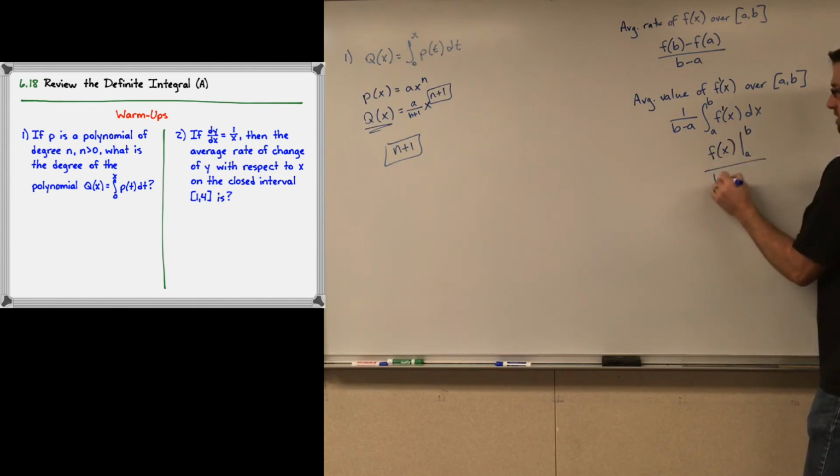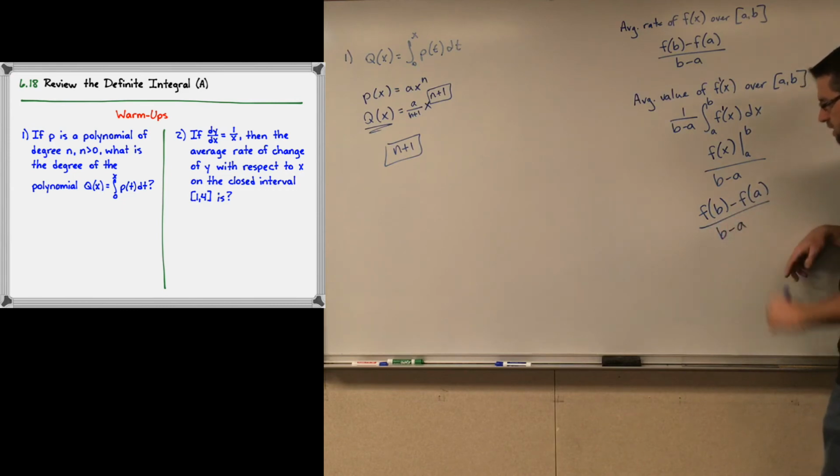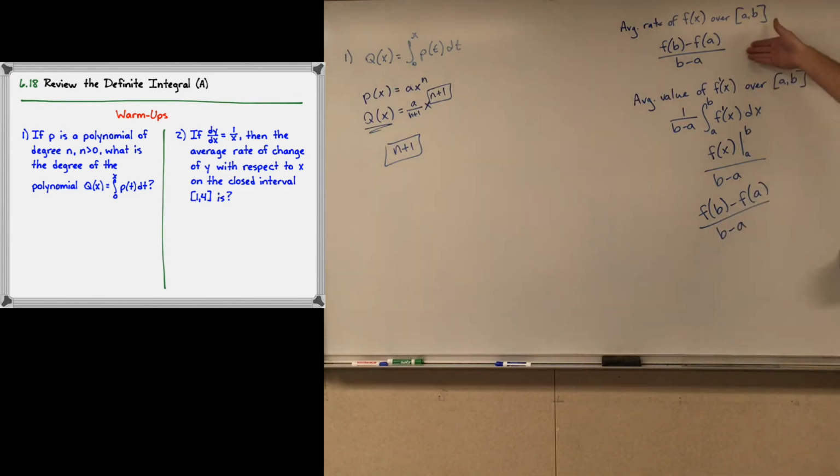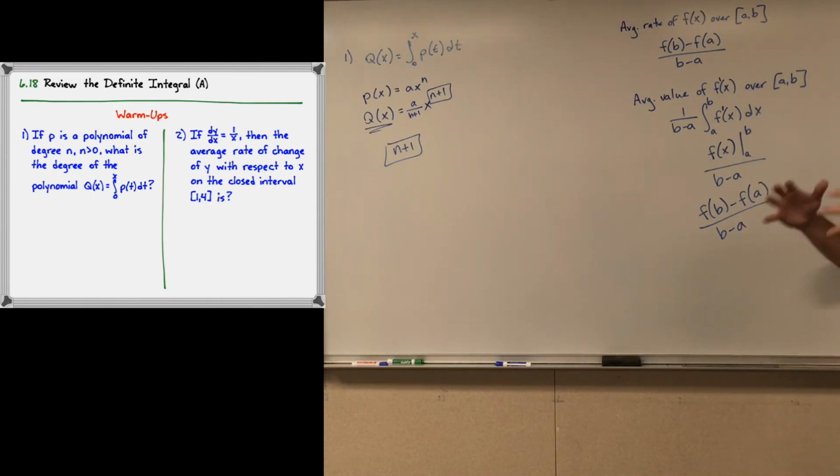And then we can put that over b minus a. So when I evaluate this, I end up with f of b minus f of a over b minus a. And you can see that matches the average rate. Now, take a minute and let that sink in, because that's really cool. That's an important connection to make here.